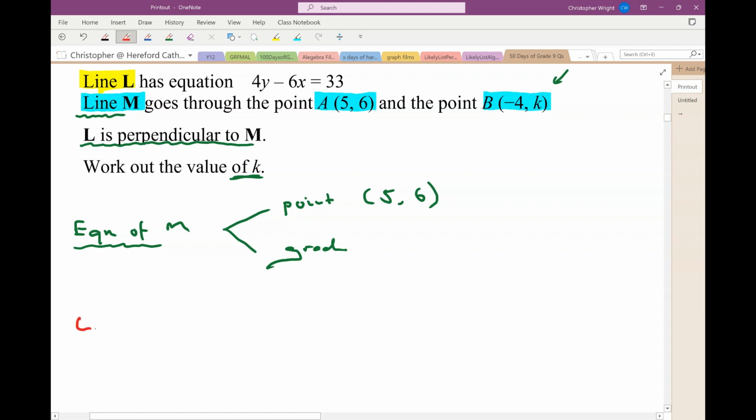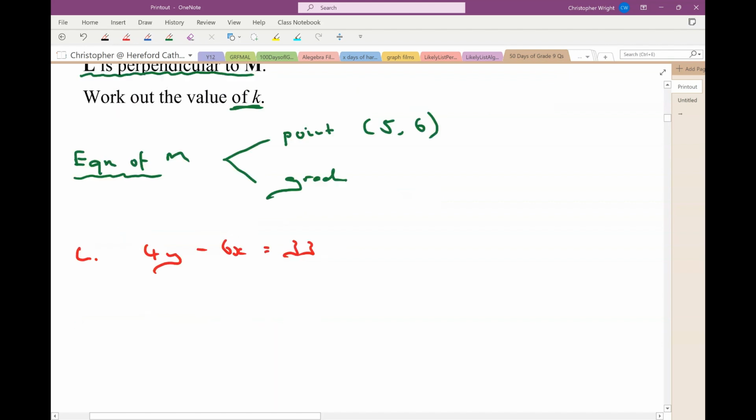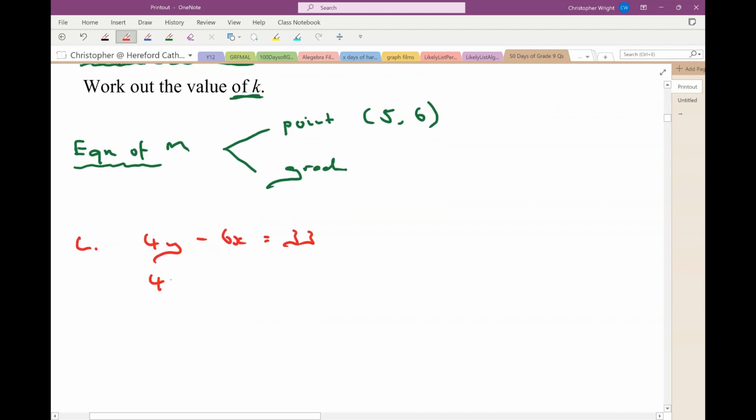So do I know the gradient of L? Well, I know the equation of L is 4y minus 6x equals 33. If I rearrange that to make y the subject, then I'll be able to read off the gradient, because if y is the subject, then the gradient is simply the coefficient of x.